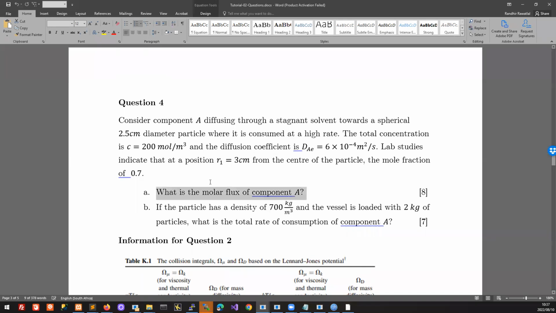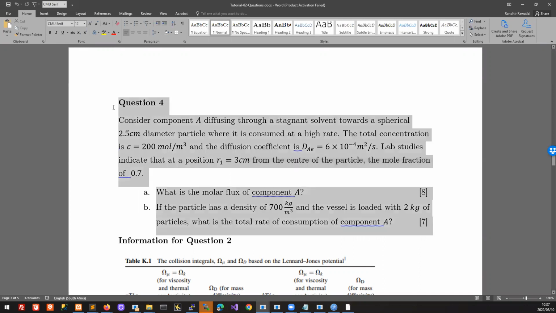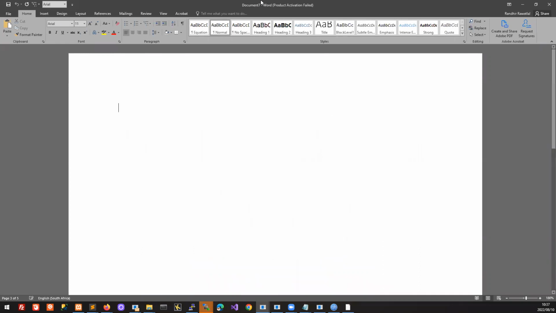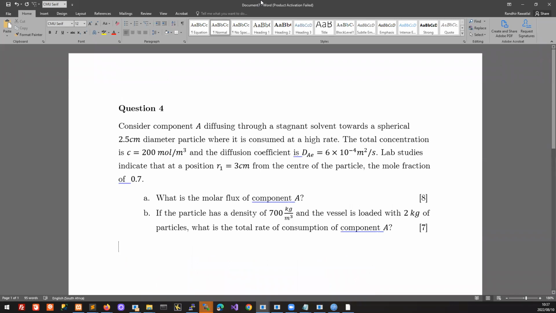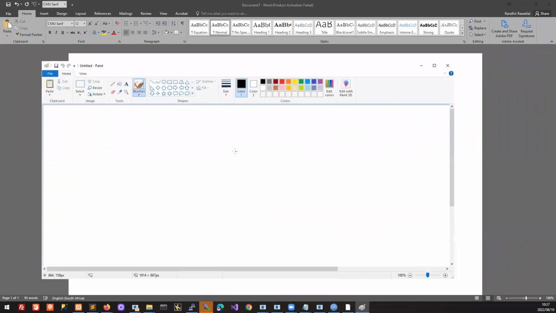To answer this, let's just copy this and work through it in a separate document here. Let's do our little sketch as usual first. We have this particle now, and this particle has a radius of 1.25 centimeters.